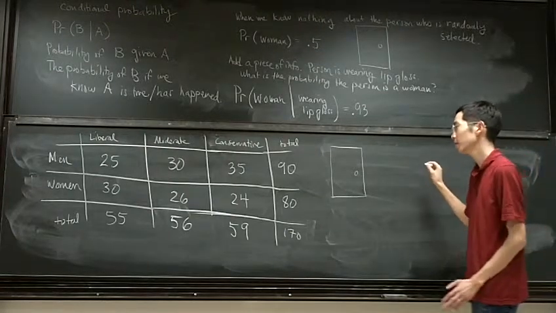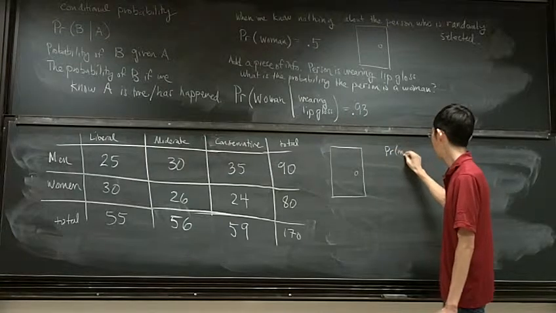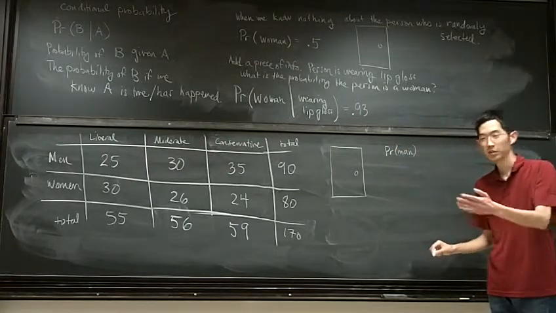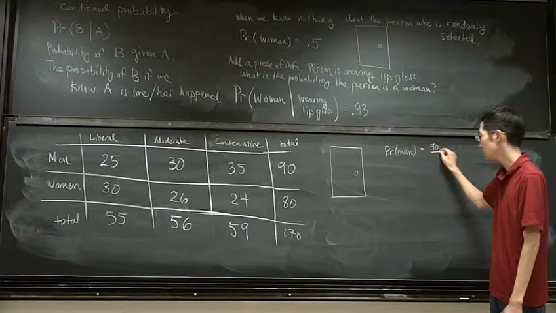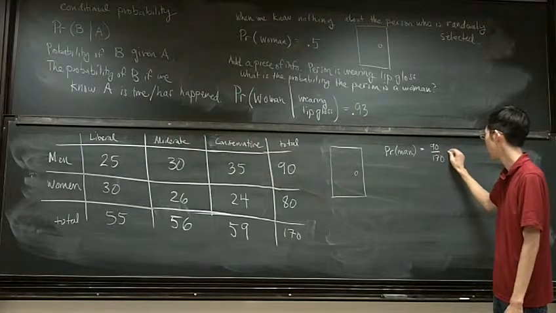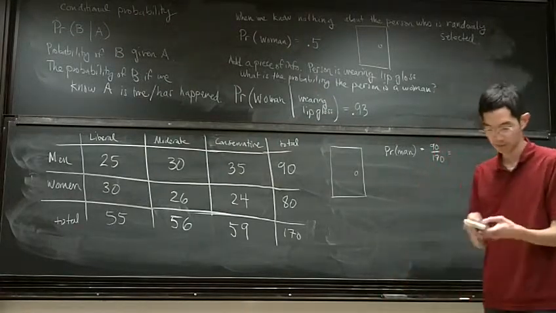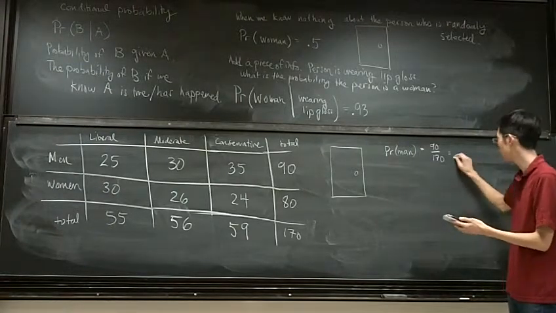And I say, what is the probability that this person is a man? If we know nothing about this person, we would write 90 divided by 170, which is 0.5294.